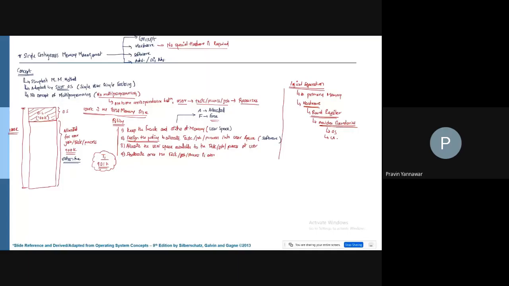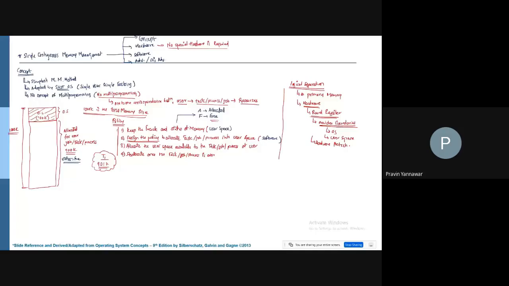Like say there is one section of OS and one section is user space. So just to decide the boundary in between OS and user space, what we need? Bound register. These bound registers are particularly providing a hardware protection.